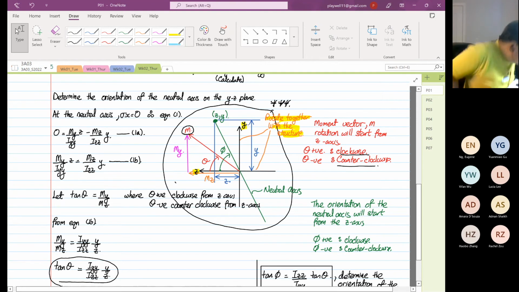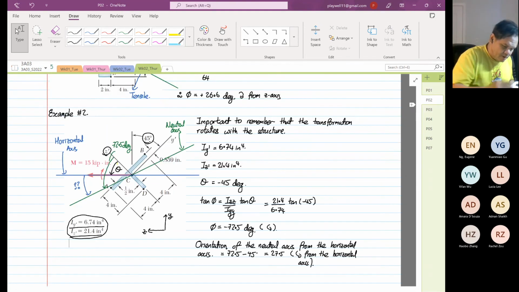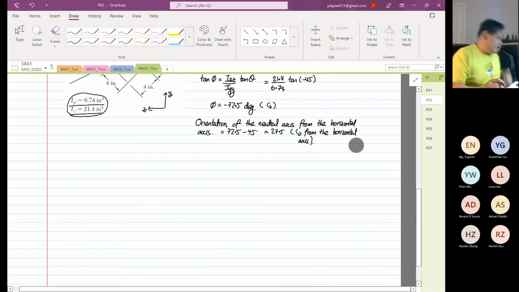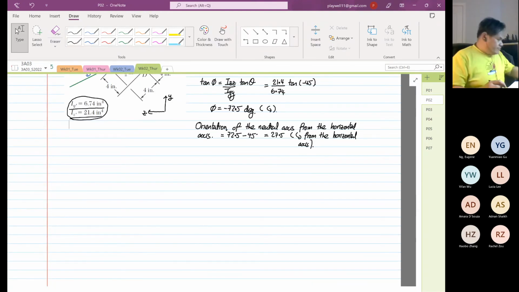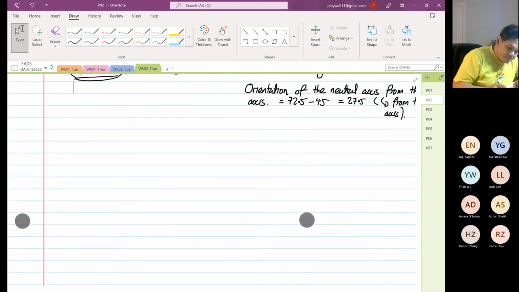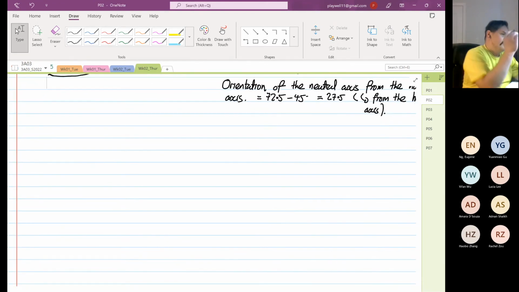So the next one, again, is going to be a very quick revision. It's a different type of bending, and this is important. Later on, we're going to apply the same concept in week 9 and week 10.